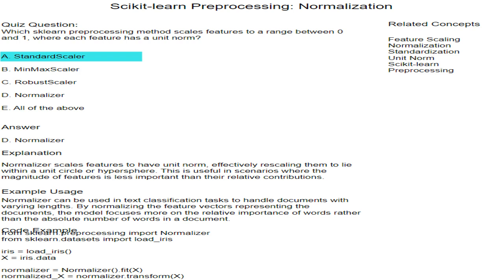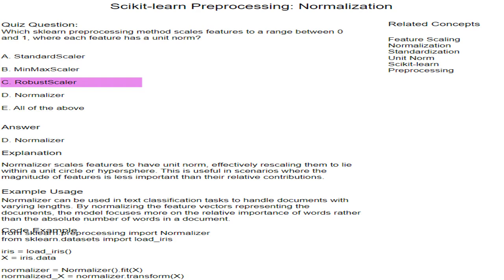False. B, MinMaxScaler. MinMaxScaler scales features to a range between 0 and 1, but it doesn't guarantee unit norm for each feature. False.